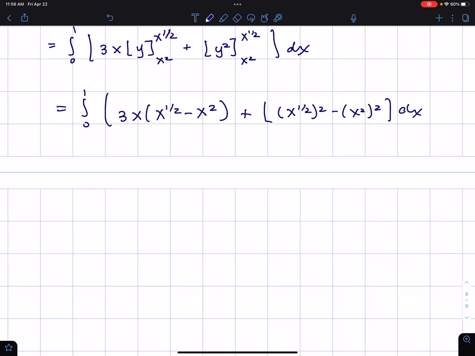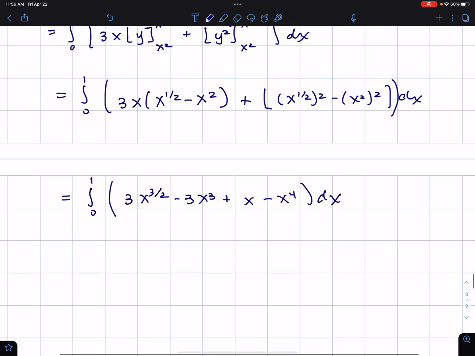And this is just going to be a really straightforward integration then. So 3x times x to the 1/2 gives 3x to the 3/2, minus 3x cubed, plus x to the 1/2 squared makes plus x, minus x squared squared, so it's minus x to the fourth, all of that dx.